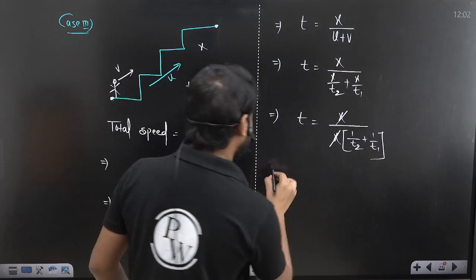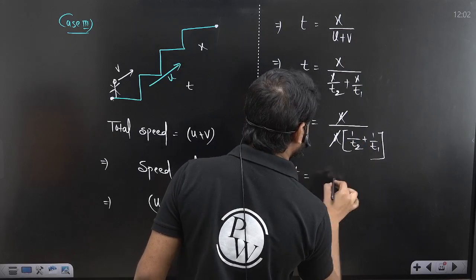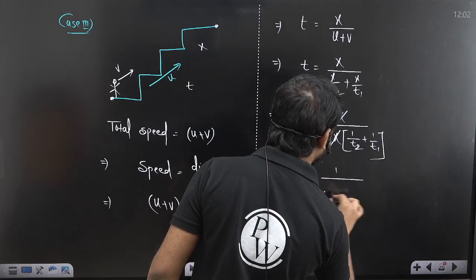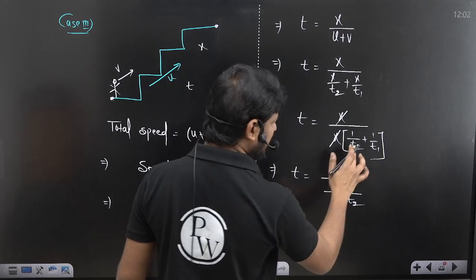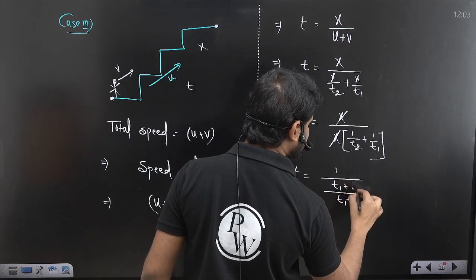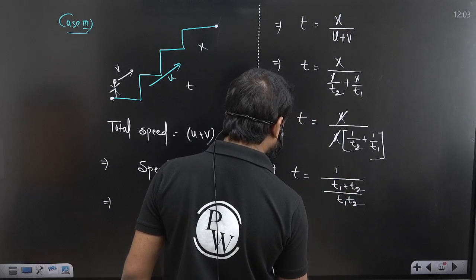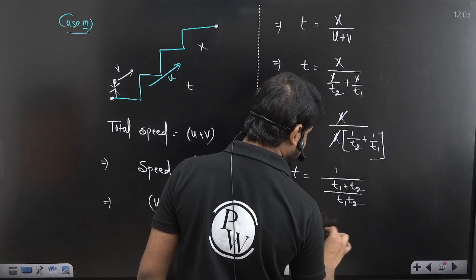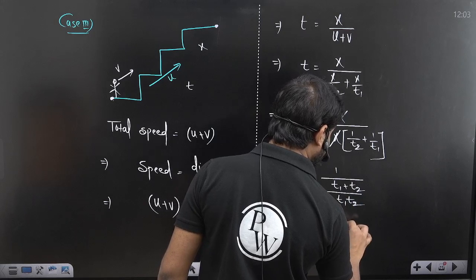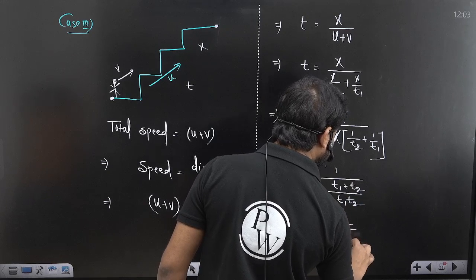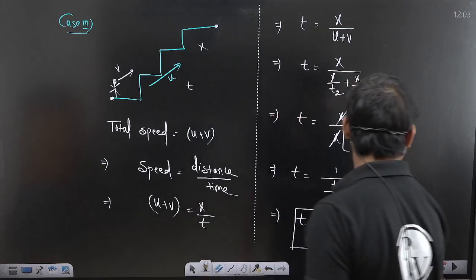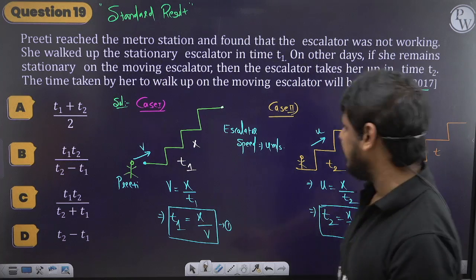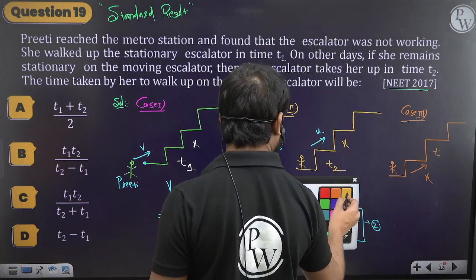Then t is equal to 1 by, taking the LCM t1 t2, t1 plus t2 over t1 t2, so the total time t is equal to t1 t2 by t1 plus t2. That's the total time taken.